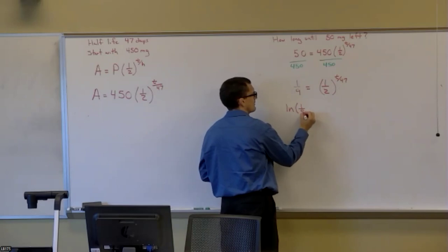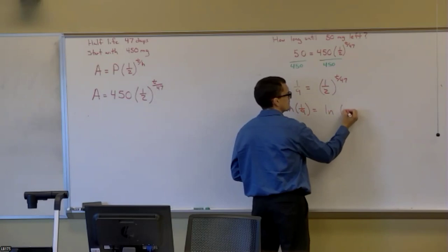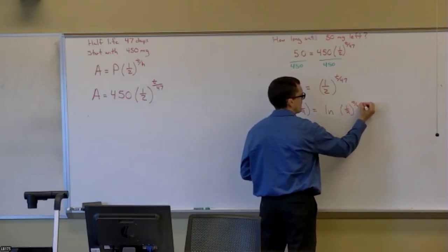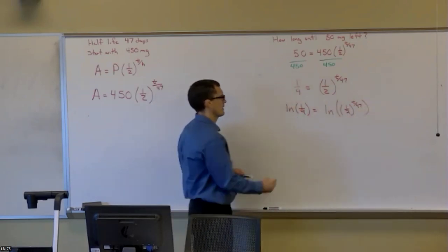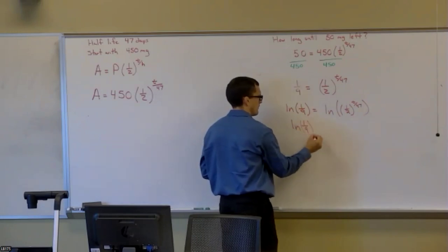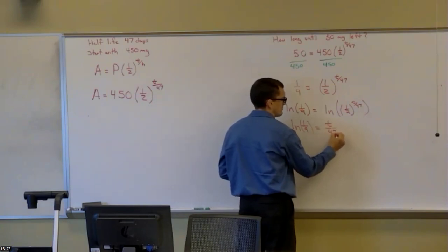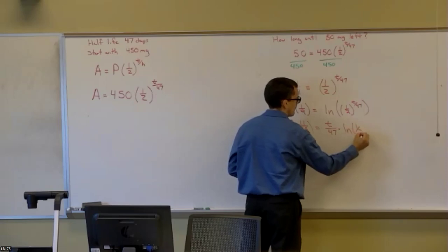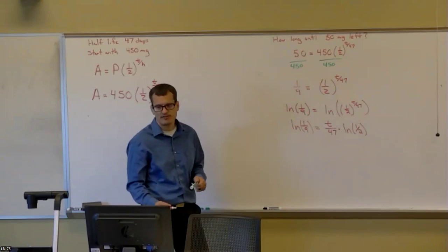Natural log of 1/9 is equal to natural log of 1/2 raised to the t over 47 power. The exponent of t divided by 47 would come out front. And we'd end up with this.